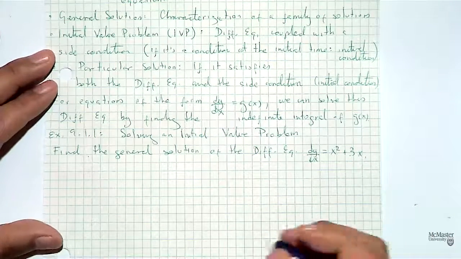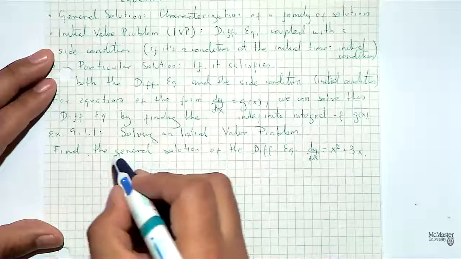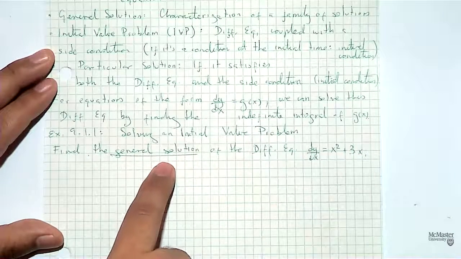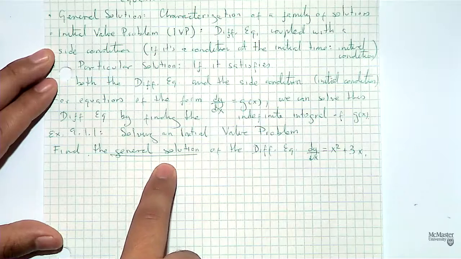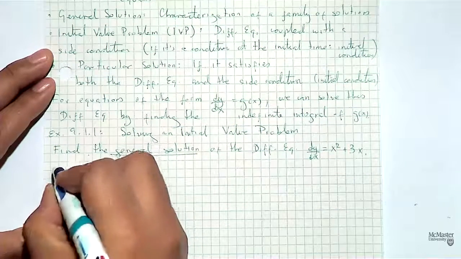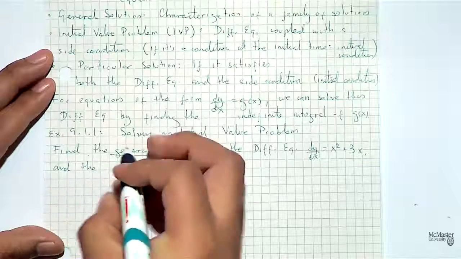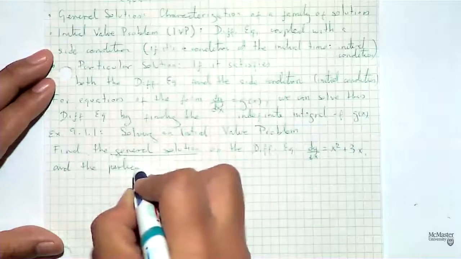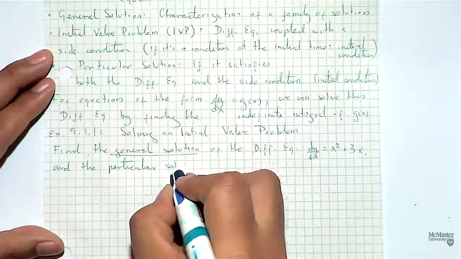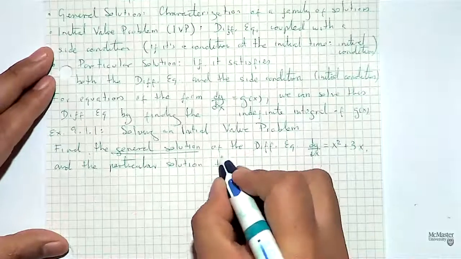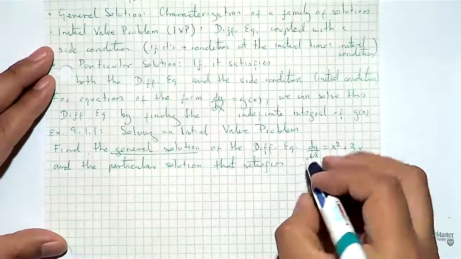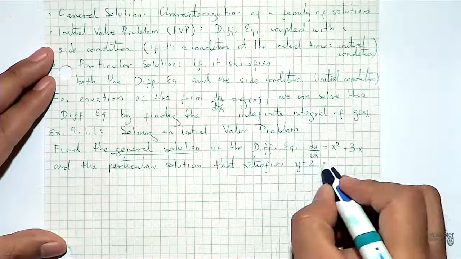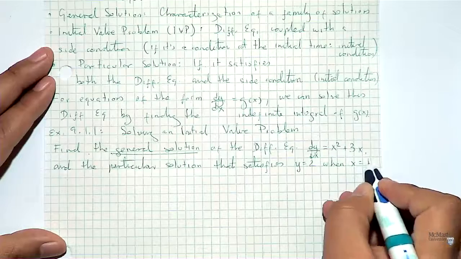Now there is a second part in the statement, which is that you notice that they are telling you that you have to find a general solution, which amounts to indicate that you have a constant of integration. Then you also have to find a particular solution that satisfies the condition y equal to 2 when x equal to 1.